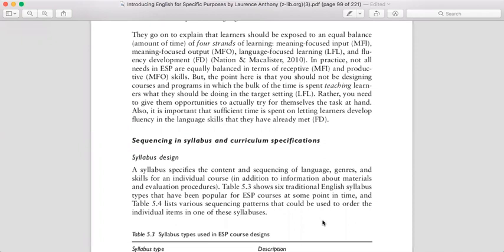As we started with the grammar translation method and structural approach, so here also initially there was a structural syllabus. Because when this method came into being, the focus was on structures. The focus was not on communication. The focus was not on fluency.